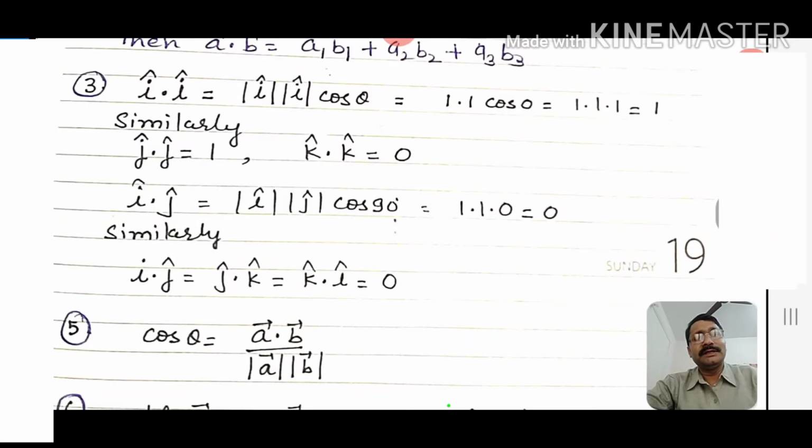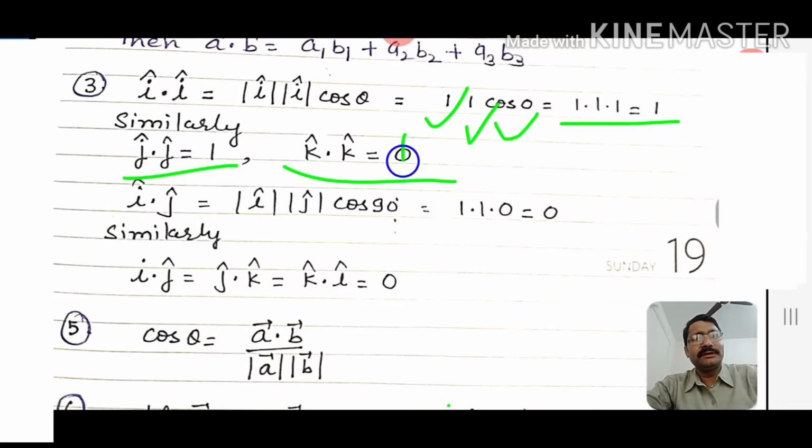The modulus of i is 1, so 1, and what is the angle between i and i? 0. So cos 0. So finally the value of i dot i is equal to 1. Similarly, j dot j is equal to 1, k dot k equal to 1. This is 1.